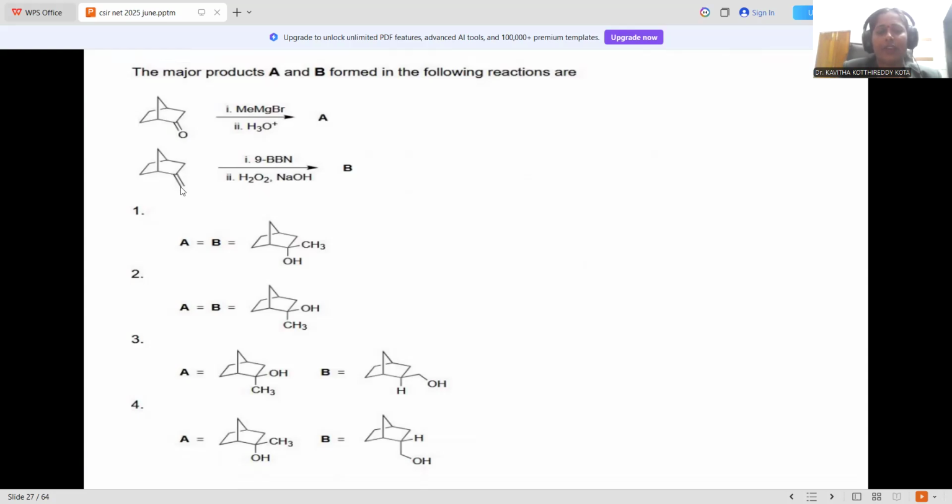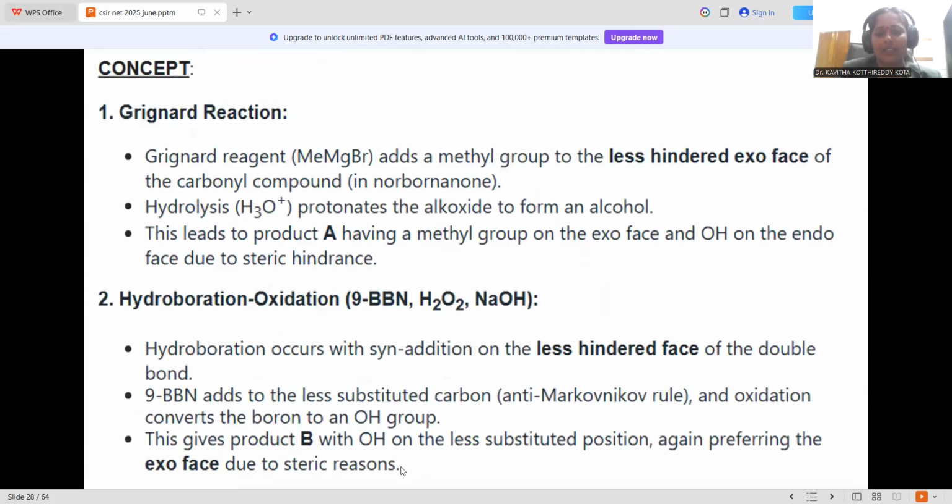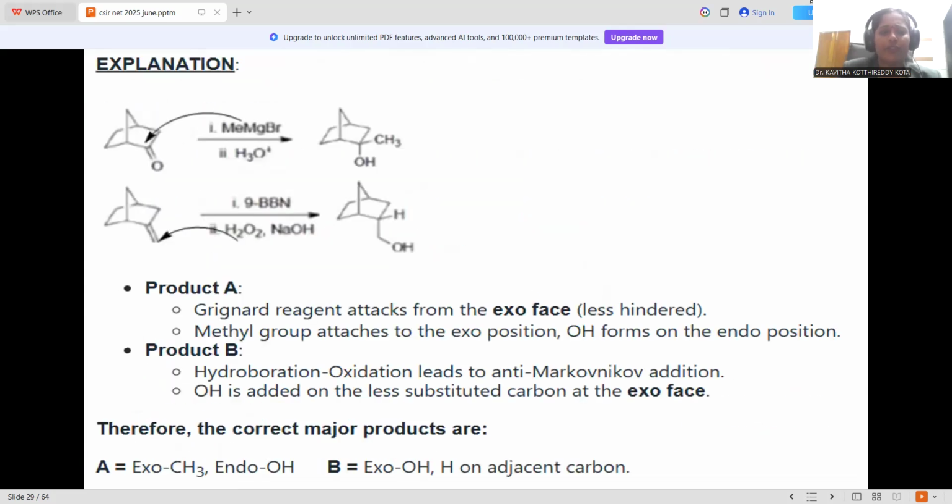Subsequently if H2O2 is added, the BBN is replaced with this OH, and that OH is located on the terminal carbon atom only. That is given in the option number 4. So option 4 will be the right answer for that one. So if you observe, methyl magnesium bromide is coming in the exo direction, and here 9-BBN is coming toward this terminal carbon atom, being the bulkier one.